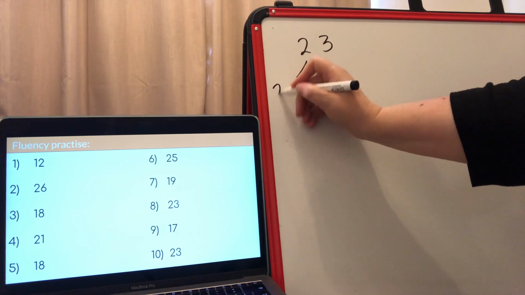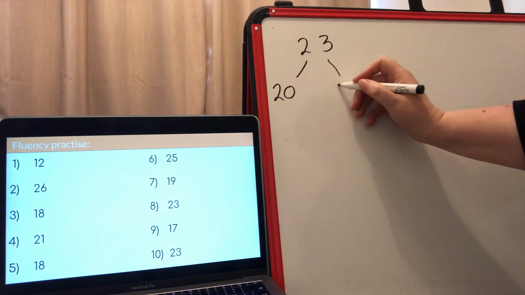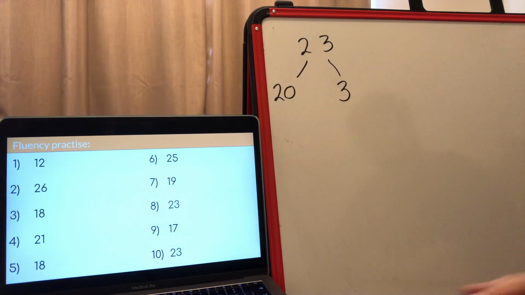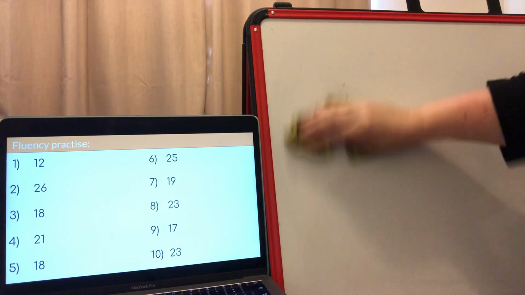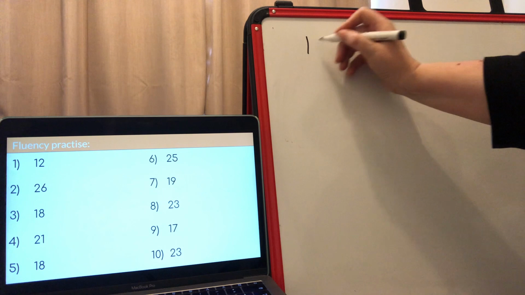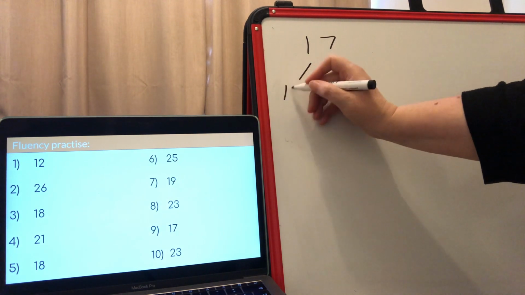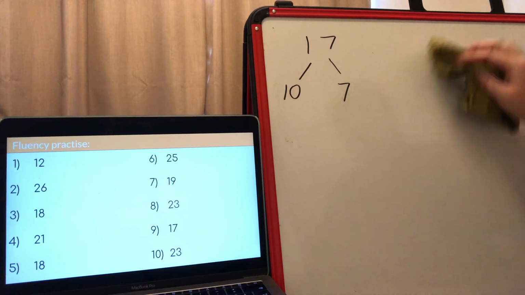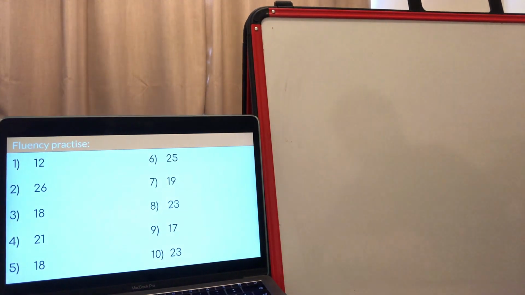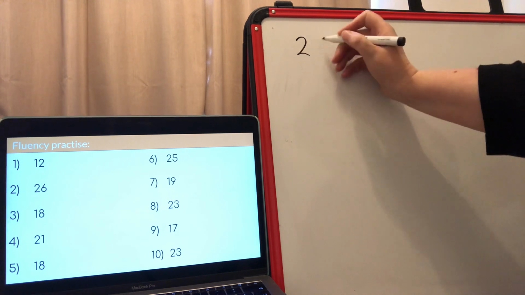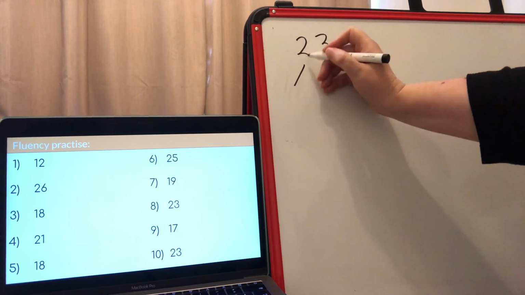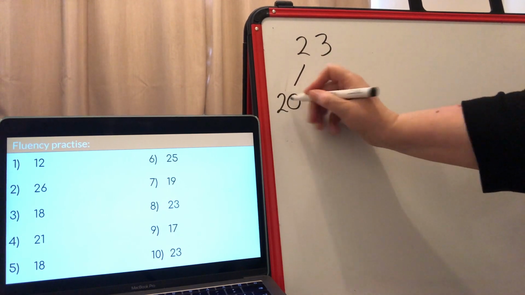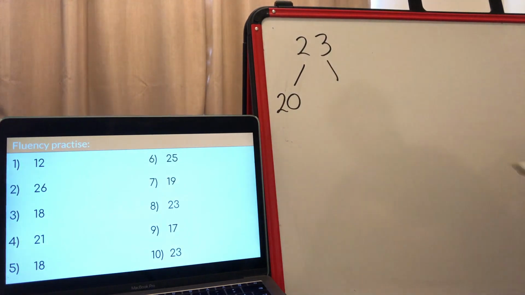The 2 has a value of 20 and the 3 has a value of 3. Question 9, number 17. The 1 has a value of 10 and the 7 has a value of 7. And the last one from that section, question 10, is number 23. 2 tens is 20, so the 2 has a value of 20, and 3 ones is 3. The 3 has a value of just 3.